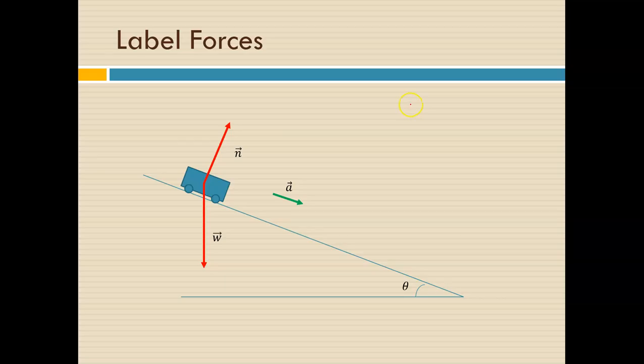So I take my weight vector pulling downward, and add to that my normal force, pushing up. This line right here represents the net force. You see how that works out? I don't end up back at the starting point.